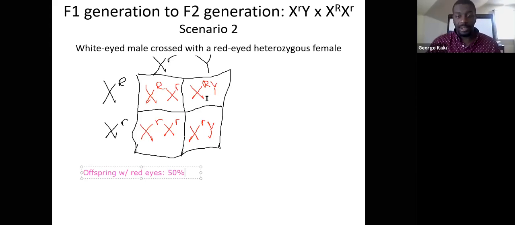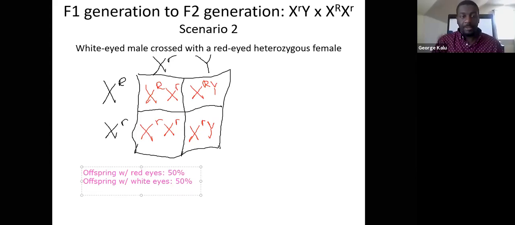And what's the chance of having offspring with white eyes? Again, 50%, because we have the recessive allele in these other two boxes.